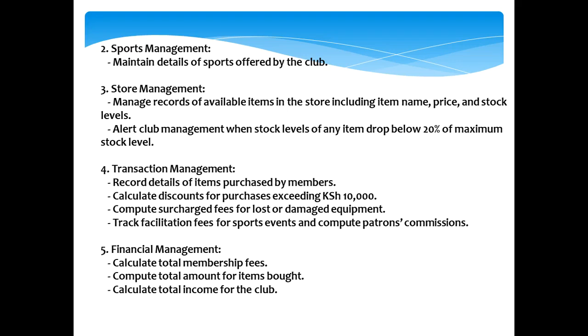It will manage records of available items in the store, including item name, price, and stock levels, and alert club members when stock levels of any item drop below 20% of the maximum level. You see, what I'm trying to do is to explain how my computerized system is solving the problem, and the problem is to computerize the records and other operations of Maringo Sports Club.